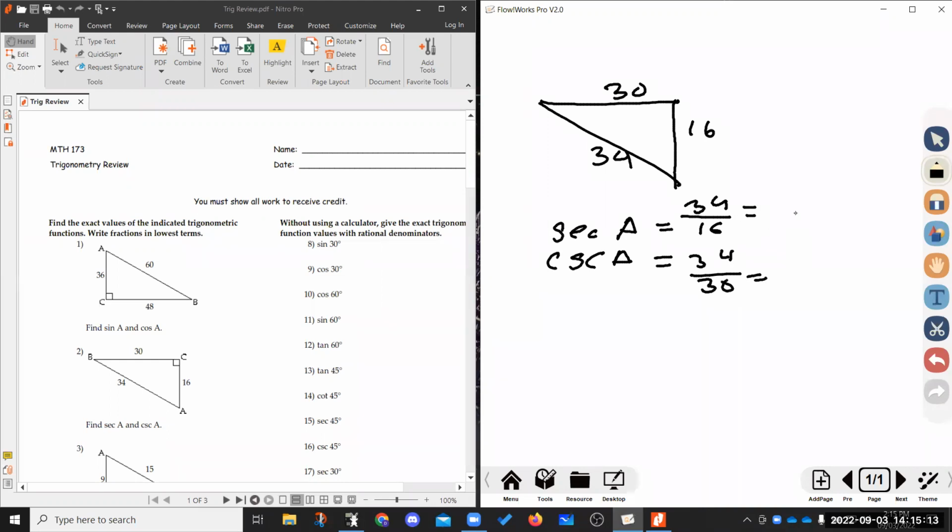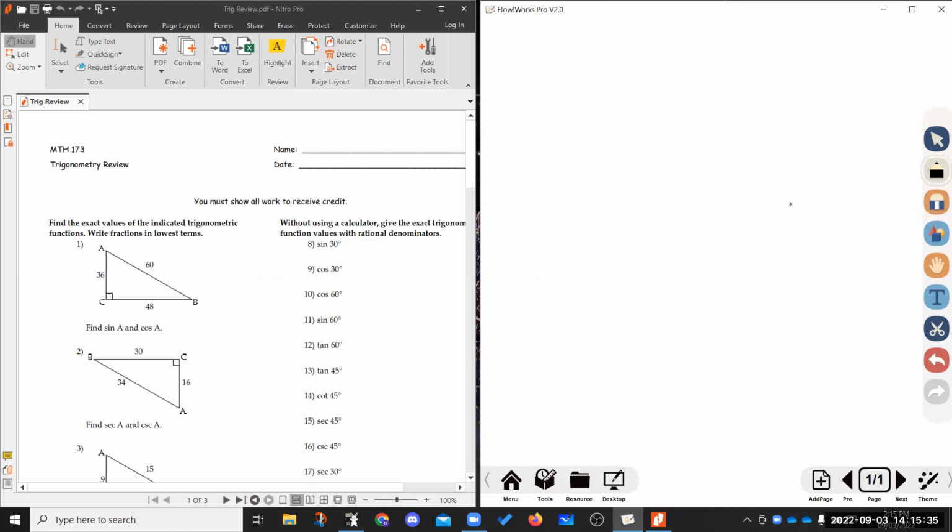I'm going to reduce this. This is going to be 17 over 8, and this is going to be 17 over 15. Again, this is an 8, 15, 17. This is 2 times 8, this is 2 times 15, this is 2 times 17. So that's one of those other special Pythagorean triples that we just talked about.